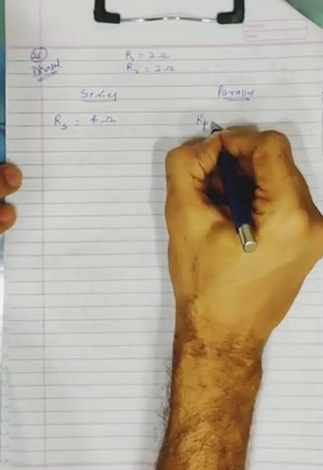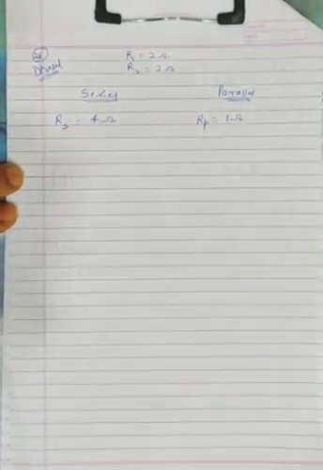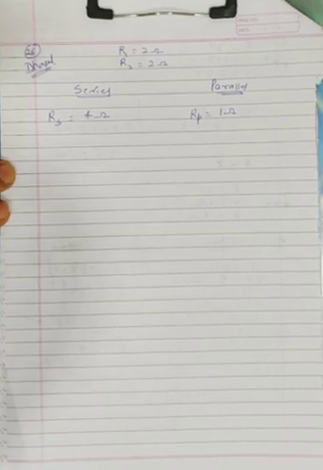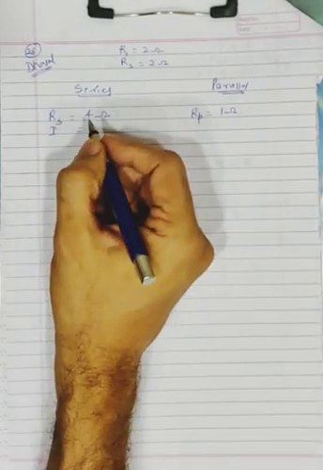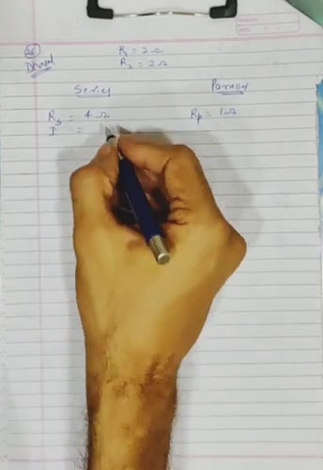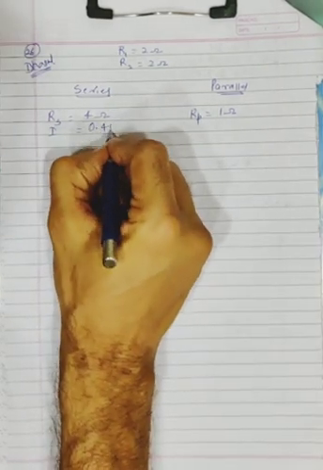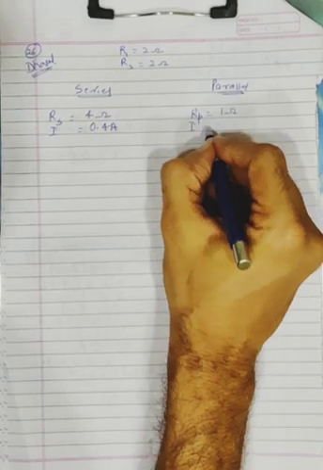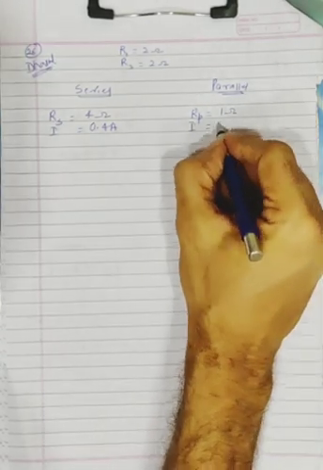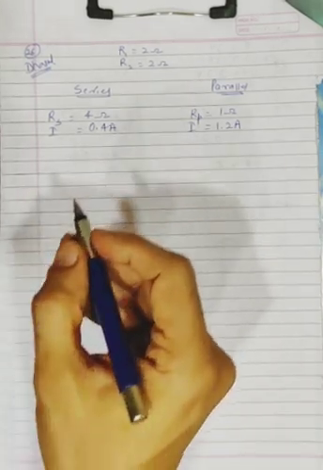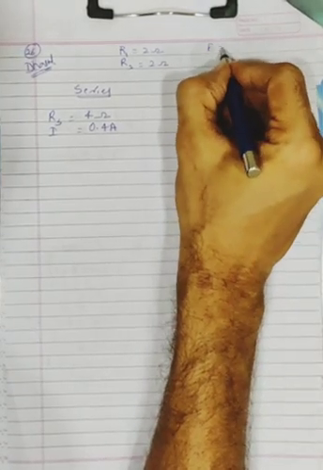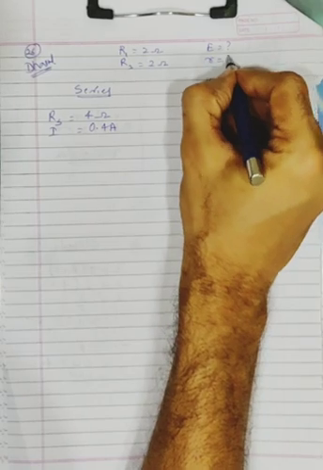When you put them in parallel, your total resistance will come 1 ohm. And when you're putting it in series, then the current flowing through it is 0.4 ampere. And when it was in parallel, the current was 1.2 ampere. And what are we asked to find out? You have to find out the EMF of a cell and the small r of a cell.